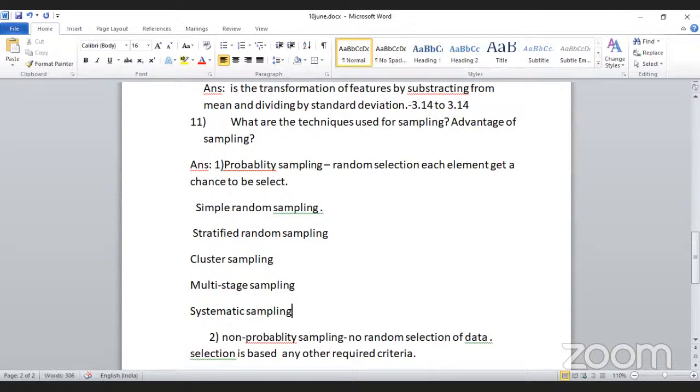These are the types or subtypes of probability sampling.